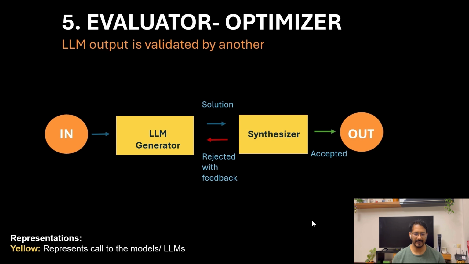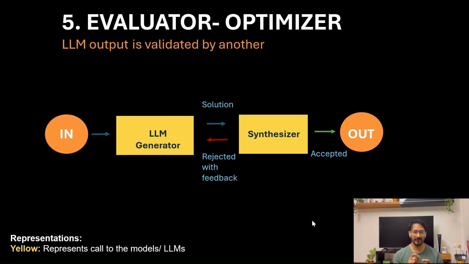Okay, so we are on our last design pattern, which is the Evaluator Optimizer. Here you see there are two LLMs where the output of one is validated by the other. The first LLM is a generator which generates an output, and the second one is a synthesizer that actually enhances the output.